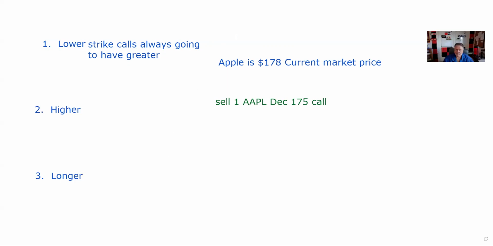What I highly recommend you do is take part of your money and put in a ceiling, right? You have a floor at 175, but you don't have a ceiling. And so what we're going to do here is put in a ceiling at 185. Boom.